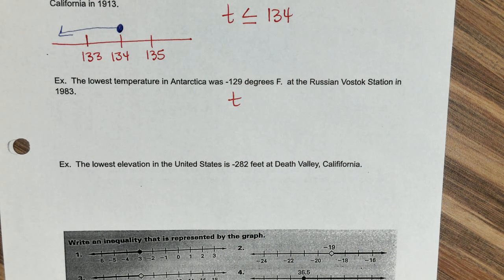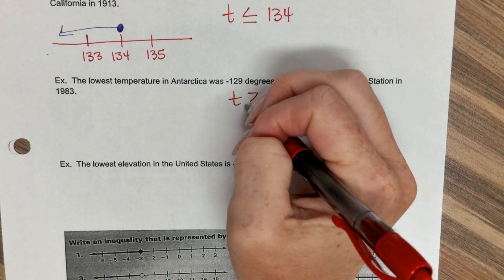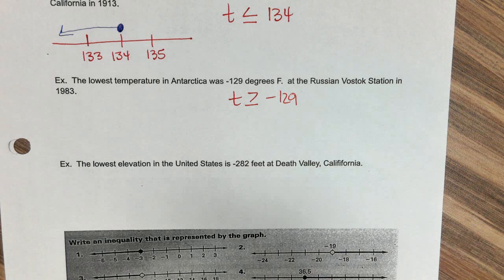Okay, if the lowest temperature was negative 129, then everything else had to be above that. So it was greater than or equal to negative 129.